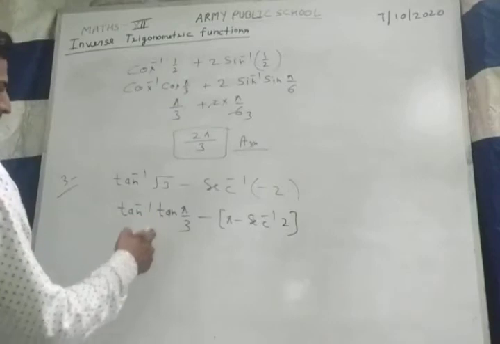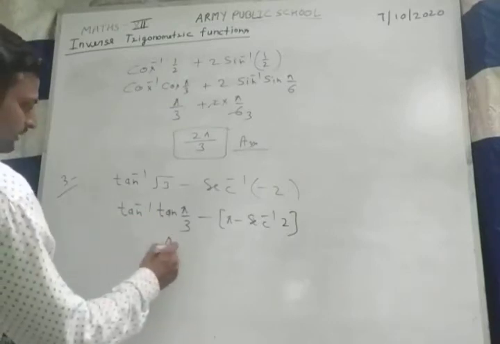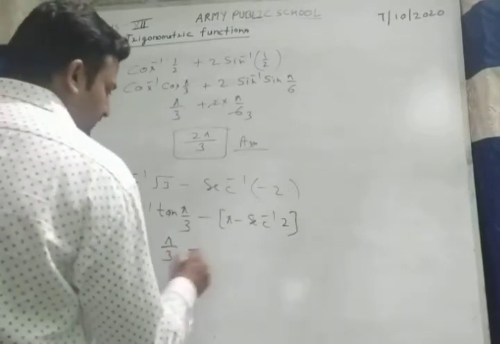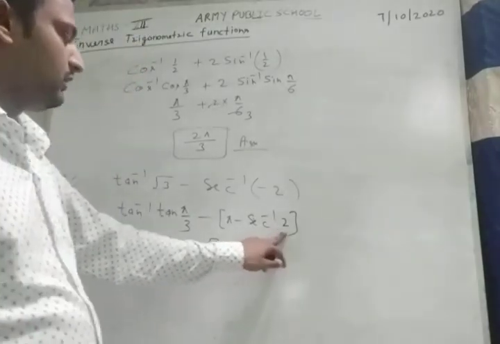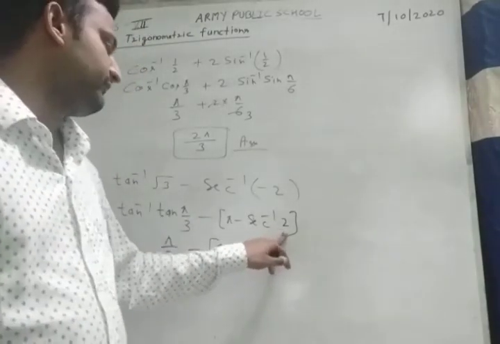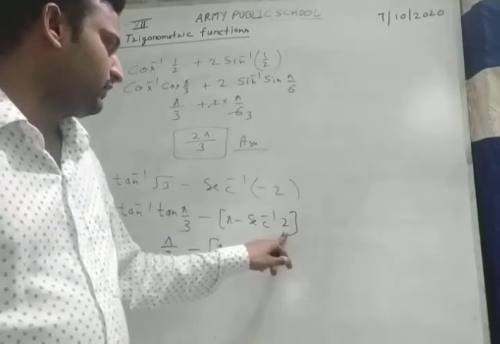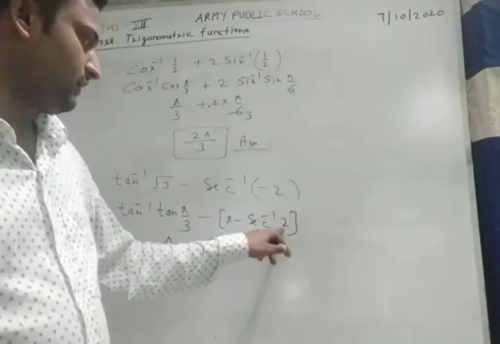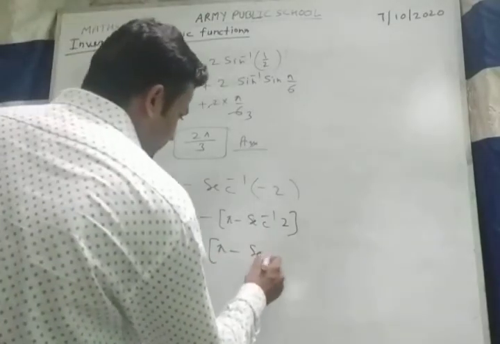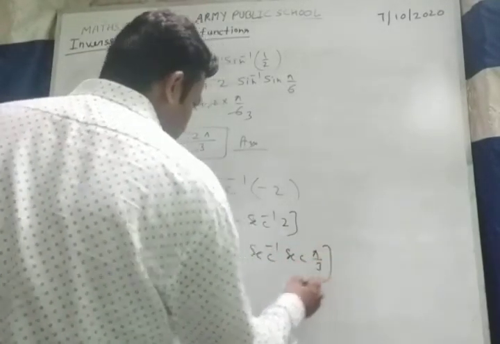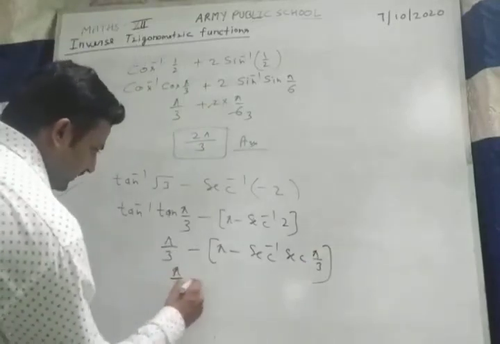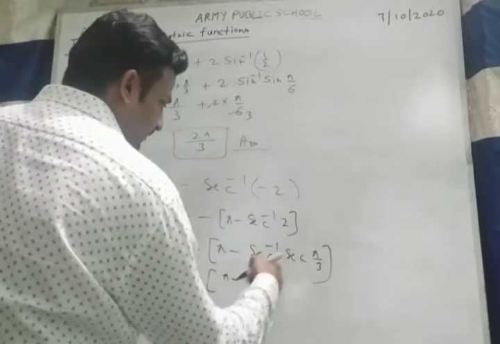Now tan inverse tan will be reduced. It will be pi by 3 minus pi minus sec inverse 2. The value 2 is sec 60, so we can write sec inverse sec pi by 3. So pi by 3 minus pi minus, it will be reduced, pi by 3.